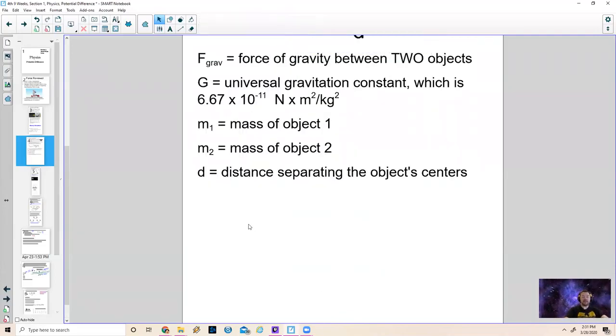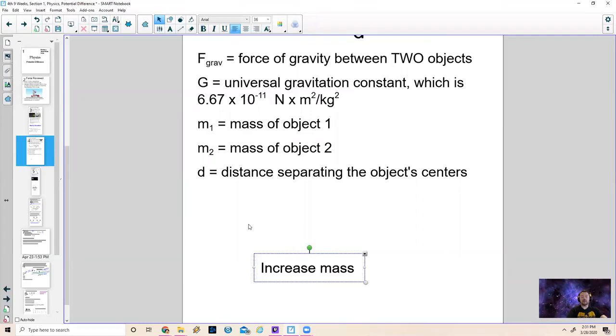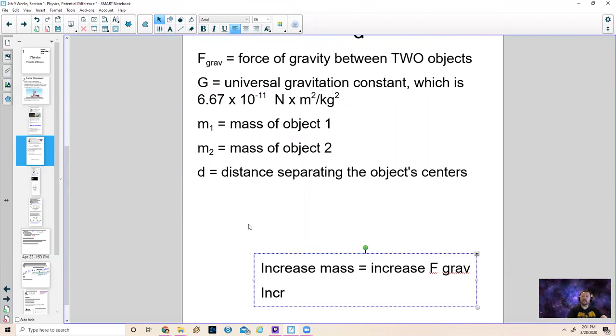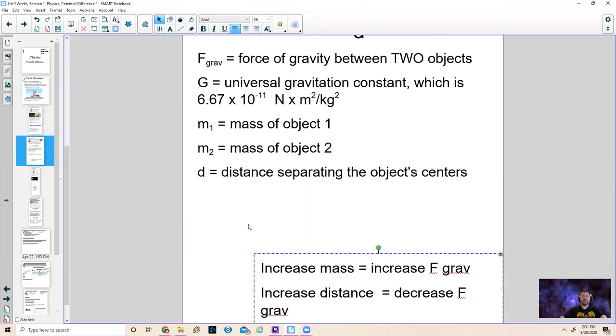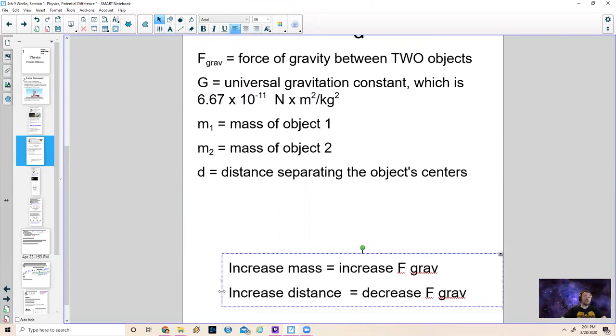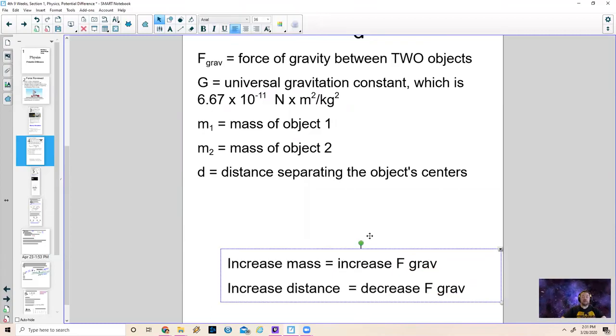And that means if I increase mass, that's going to equal an increase in the force of gravity, F grav. But if I increase distance between two objects, it is not going to equal an increase in gravity, it is actually going to be a decrease in the force of gravity. And that is Newton's law of gravitation.